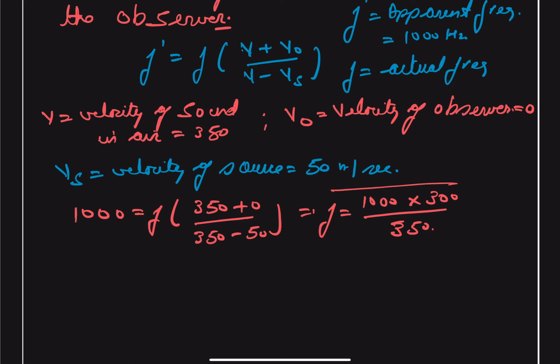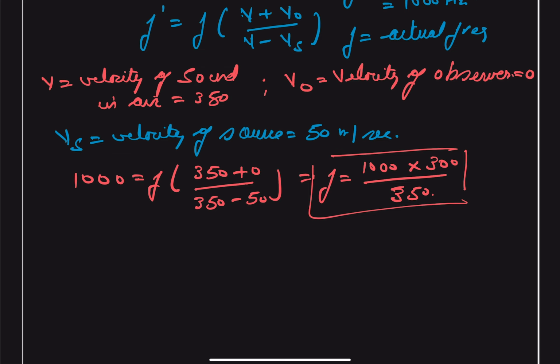So this is the actual frequency of the source. Now we are going to use this actual frequency of the source to find out the apparent frequency when the source is moving away from the observer.